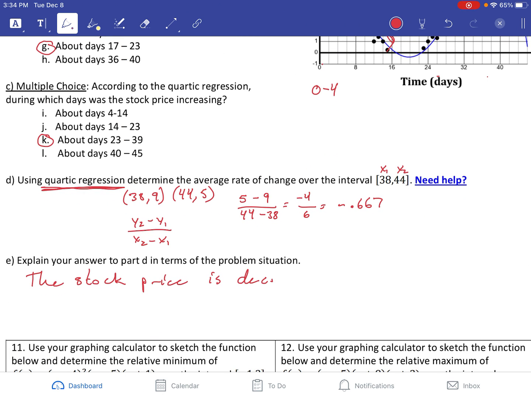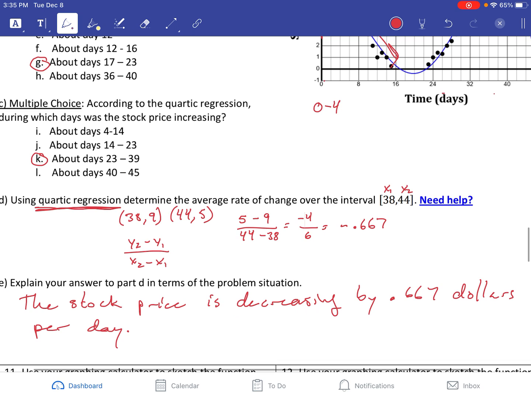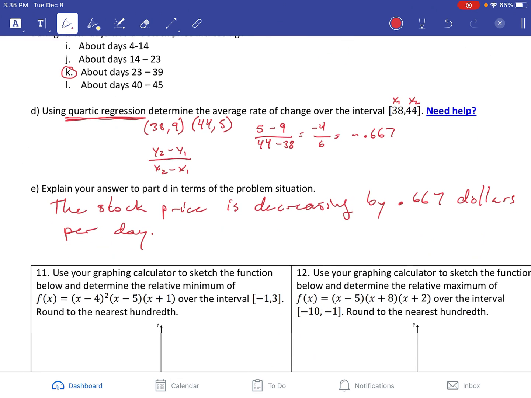So the stock price is decreasing by $0.667 per day. So we are explaining what's happening, what that number means in terms of our scenario that we're dealing with. So that's talking about the stock price over a certain number of days. So the stock price is decreasing because it's negative by $0.667 per day. That's it. Okay.